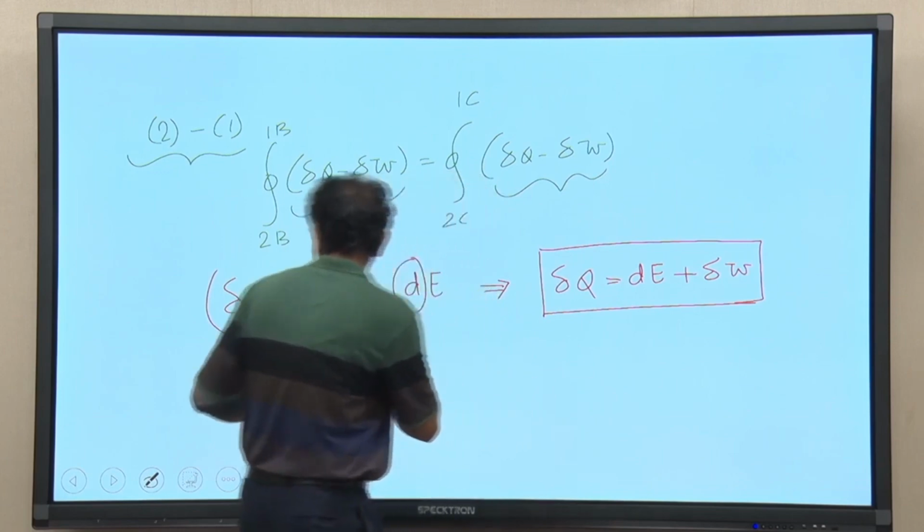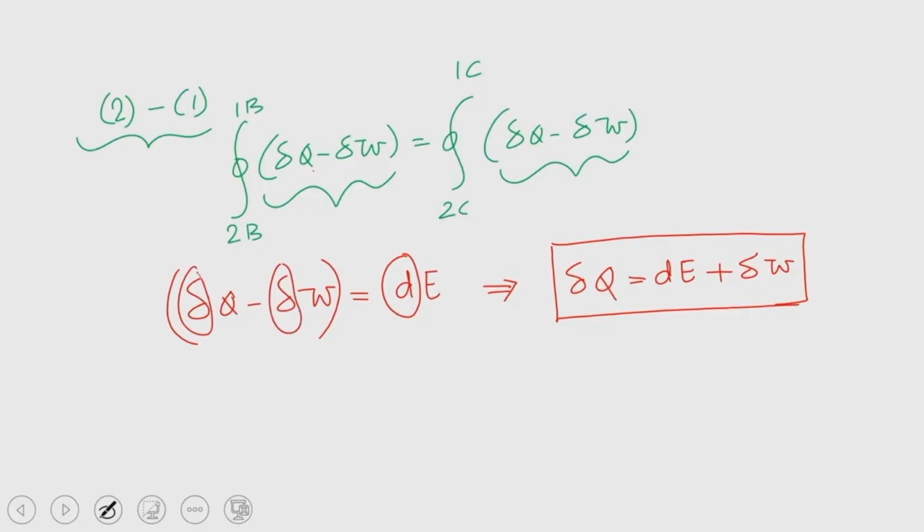So, you know that these two are inexact differentials. Why? Because they are path functions, while this is an exact differential. Right. So, this is the property of the system. The nice thing to see from here is that though these two quantities are path functions individually, their difference is a property of the system, and that is why we could write it in the form of an exact differential.